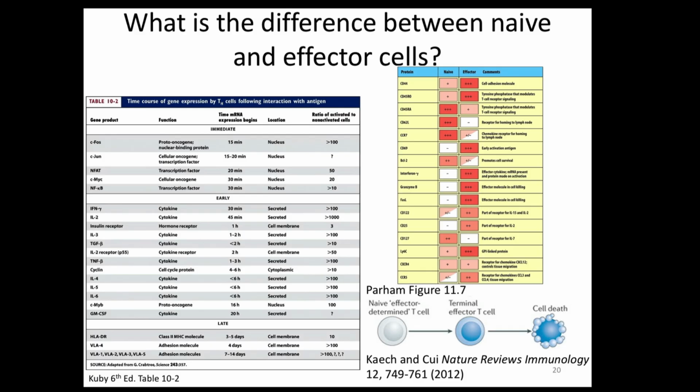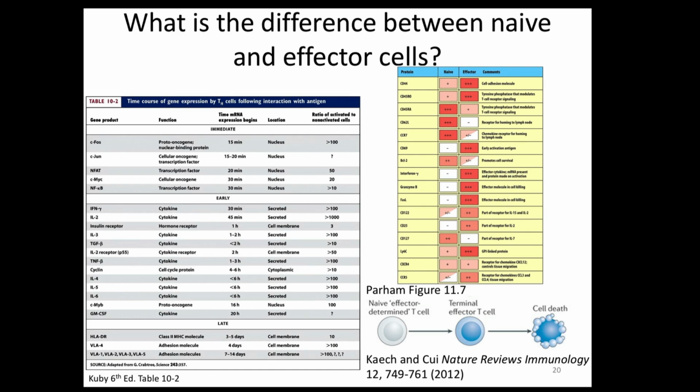naive cell. We also see differences in a bunch of different cell surface proteins, so we're able to distinguish naive and effector cells by flow cytometry. There are differences in the trafficking. Remember we talked about how naive T cells want to go back to the lymph nodes, whereas effector cells want to go to tissues.